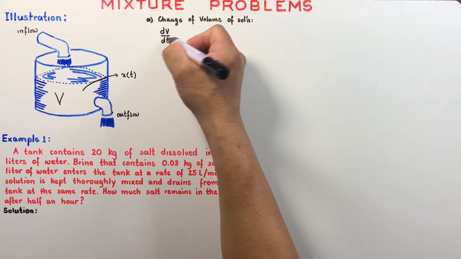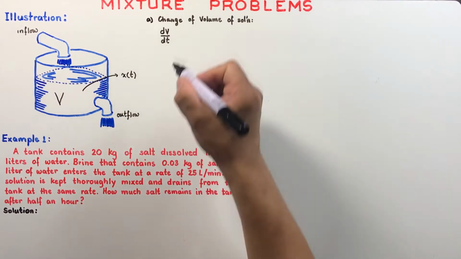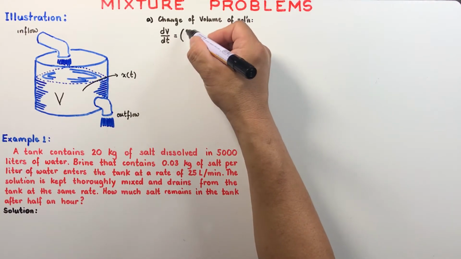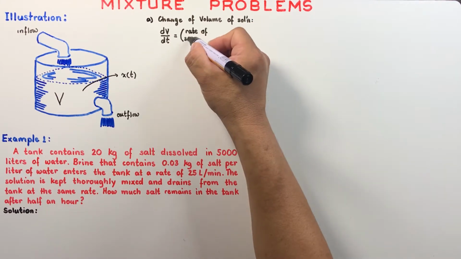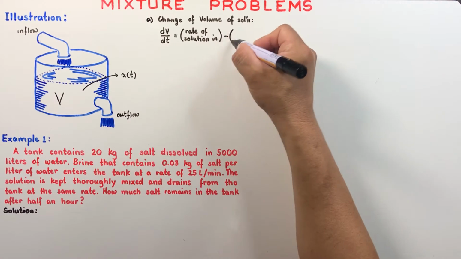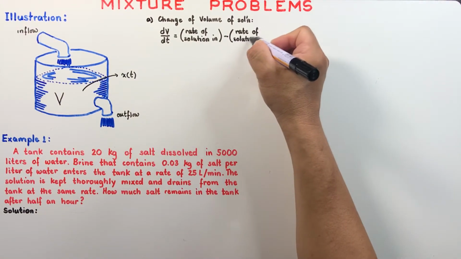In other words, the change in the volume at any time t can be calculated using the rate of solution flowing inside the tank minus the rate of solution escaping from the tank.